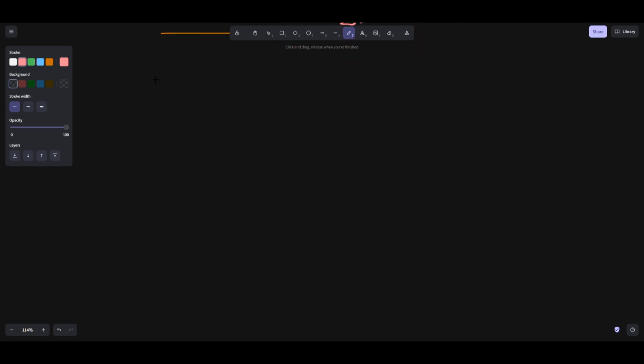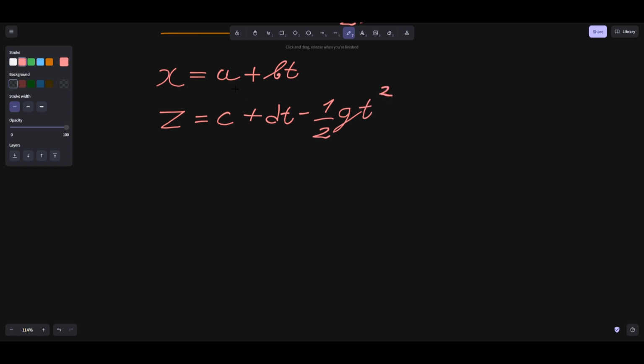So if I was to write these again, in this equation, a and c are the initial x position and the initial z position of the particle, and b is the initial x velocity of the particle, and d is the initial z velocity of the particle. These will be set by the initial conditions of the system.